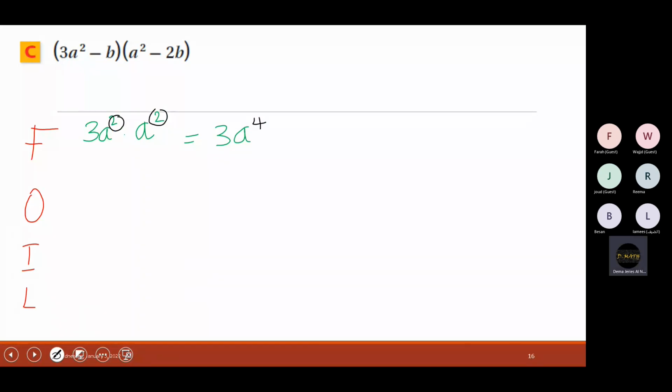Now the second one, Farah. What are the outer terms? One to the right and one to the left, and they are far from each other. Farah, can you hear me? Yes, teacher. Yes, Farah. Where are the outer terms?